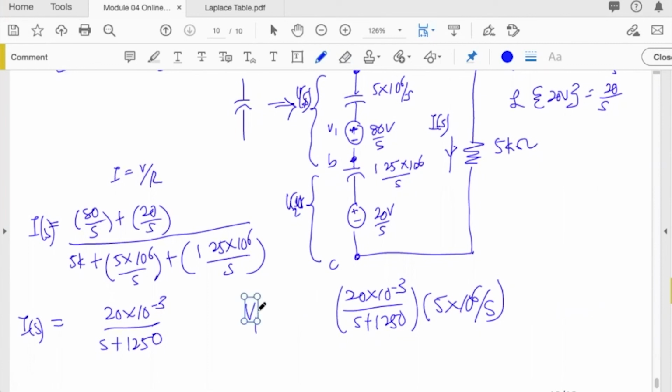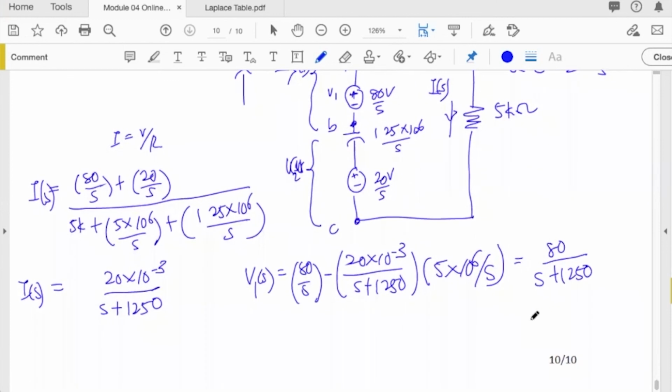So V1s is equal to 80 divided by S minus that one. So you will get 80 divided by S plus 1250. So this is your V1s.